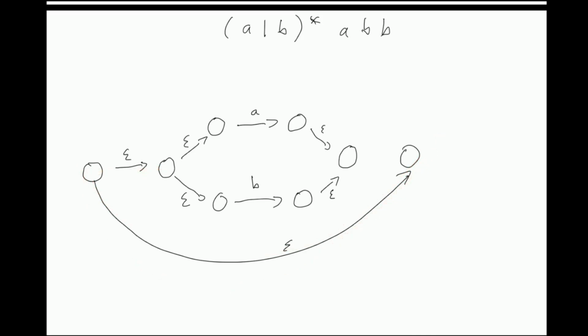Or we're going to enter the start state of our sub-expression to try to start matching it. And if our sub-expression successfully matches, we'll be in the end state of the sub-expression. And so in order to match again or finish matching, we either go to our end state for Kleene closure, which means we're done if we've seen one or more of these, or we also make an epsilon transition to the beginning of our sub-expression to try to match it again.